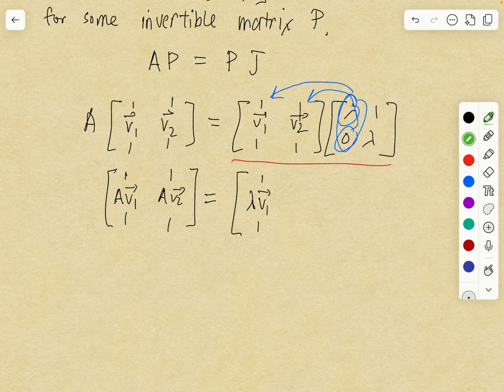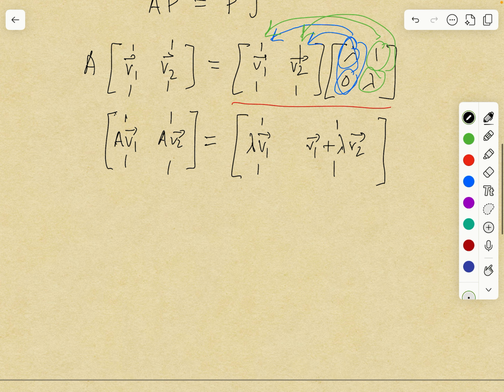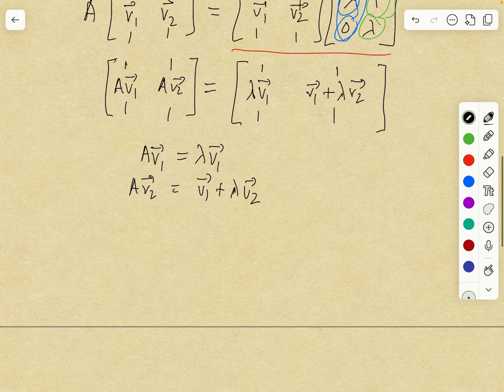And for the second column, I take 1 of the first column plus lambda of the second column. So that's going to give me v1 plus lambda v2. So these two matrices are the same, which means their columns are the same. So if I set the columns equal, I get A v1 equals lambda v1, A v2 equals v1 plus lambda v2. I actually have a video on the Jordan form where I go over the same thing.